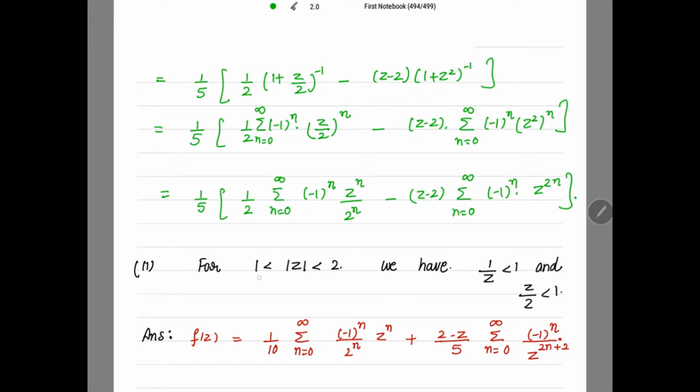For that, from the first 2, I should take mod z in the denominator so that I can get 1 by z less than 1. And for the next, mod z less than 2, I should take 2 in the denominator so that I can get z by 2 less than 1. Right? We just need to remember this, less than 1.